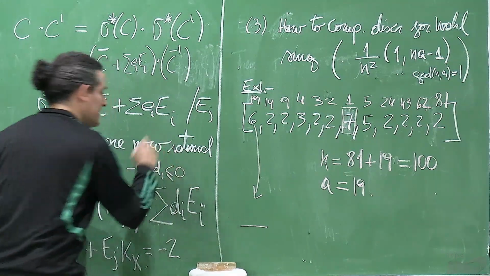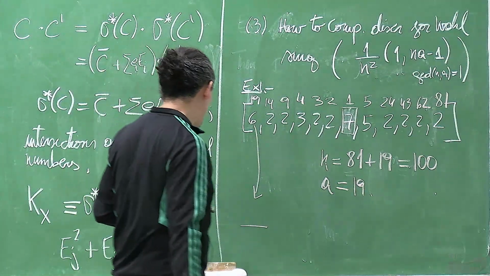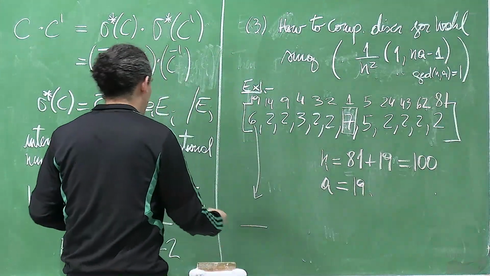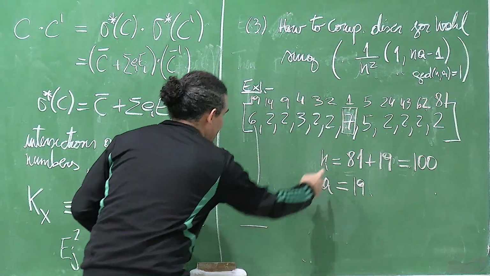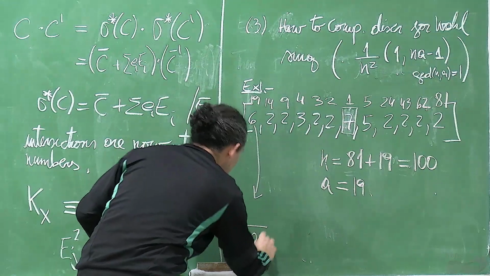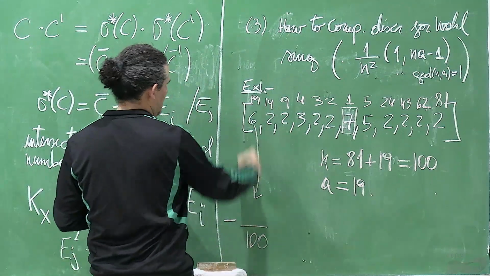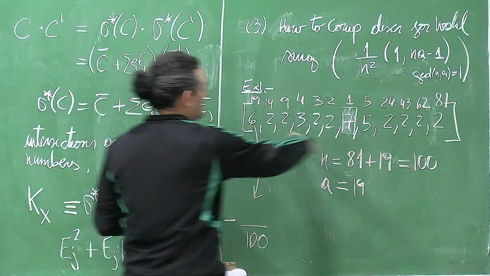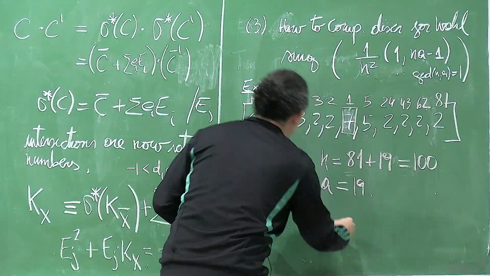These are the d_i's. You can prove that this is always the case. And for the discrepancies here, what you do is you put the n. N is going to be the denominator, so it's going to be like 100. But now you put a minus, and on the top, you have 100 minus 19. So this number, 81.